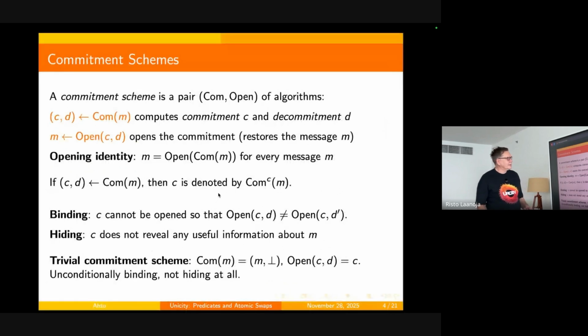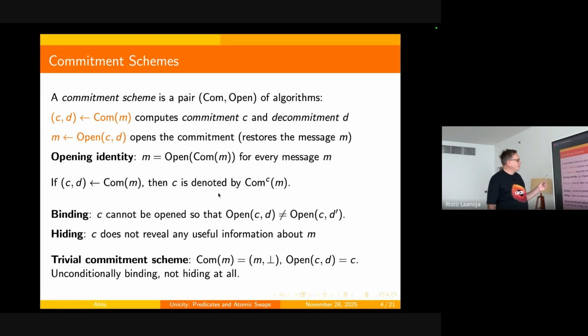Okay, let's now talk about commitment schemes. It's a simplified view, but it's a pair of algorithms: a commitment algorithm and an open algorithm. Commitment computes, given a message, a commitment of the message and a decommitment of the message. Decommitment is usually secret.